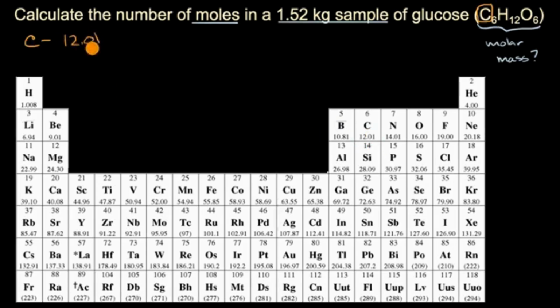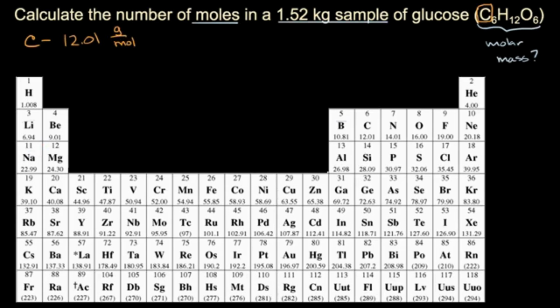We've talked about in other videos, you could view this 12.01 as the relative atomic mass, or the average atomic mass, of a carbon atom. And what's useful, and this is where Avogadro's number is valuable, if you have Avogadro's number of carbons, it is going to have a mass of 12.01 grams. So carbon has a molar mass of 12.01 grams per mole.